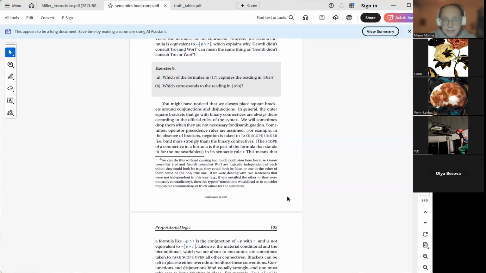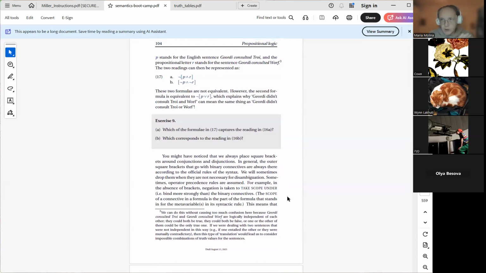And if negation scopes over one propositional letter and it scopes over another propositional letter, the case of 17B, then we say that negation takes scope under the binary connectives.